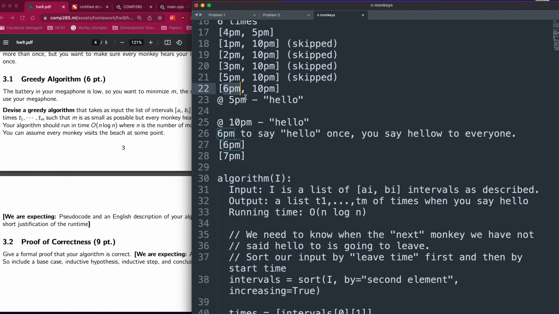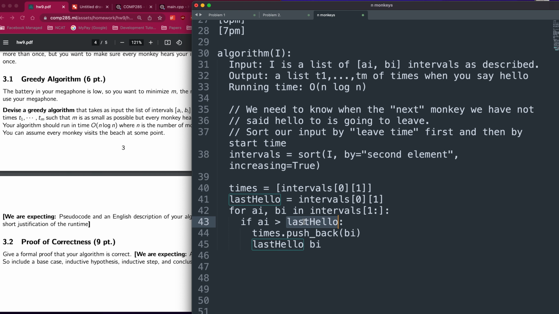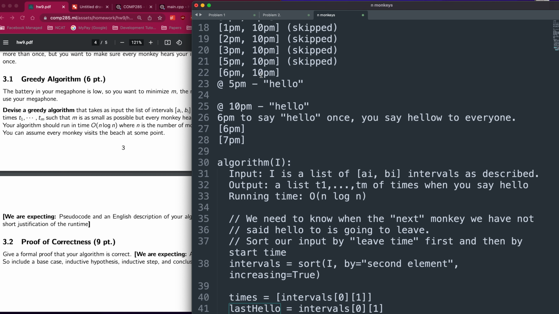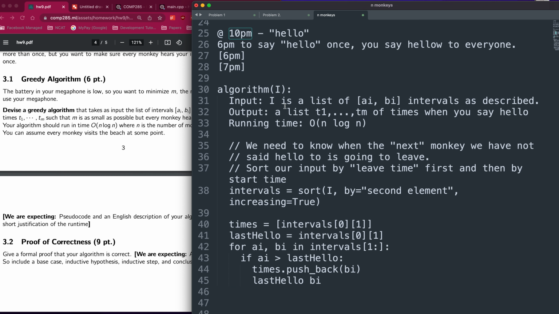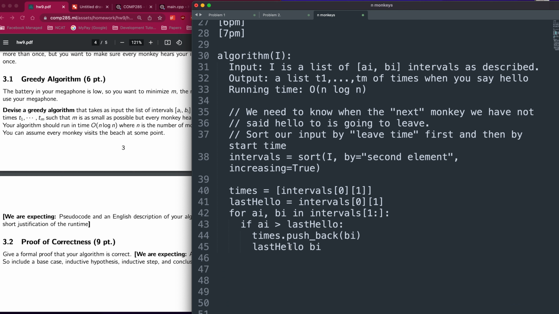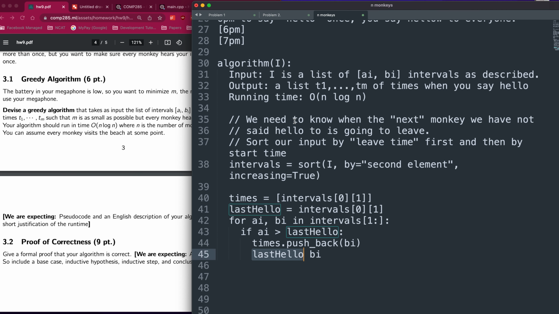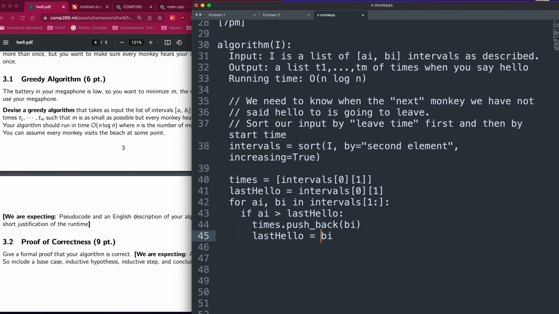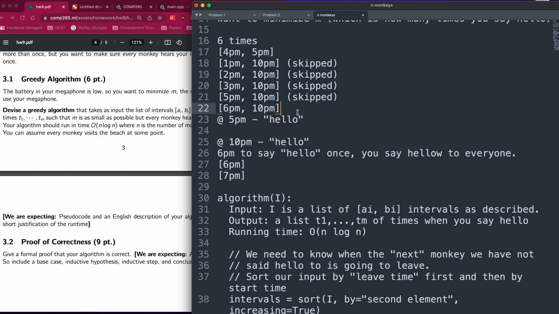And it's only when we get to the 6 p.m., where ai is bigger than last hello, that we add 10 p.m. to our hellos. We're basically going to say hello at 10 p.m. when you leave. So this guy does not get skipped. So what we do is we add at 5 p.m.